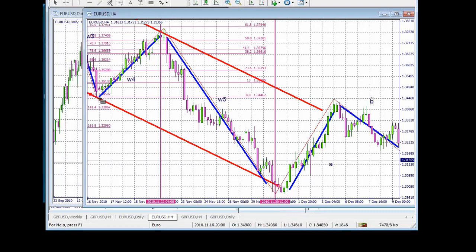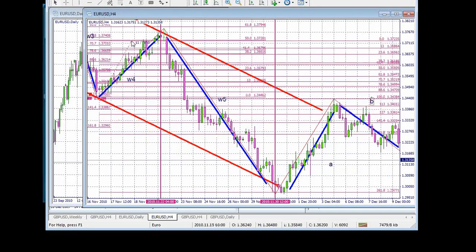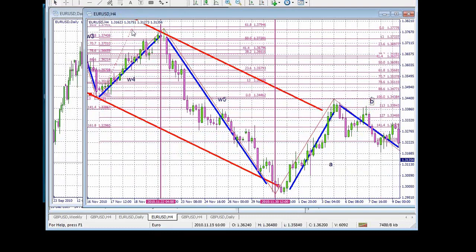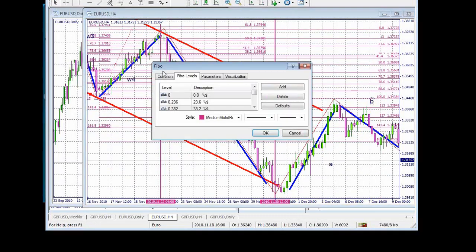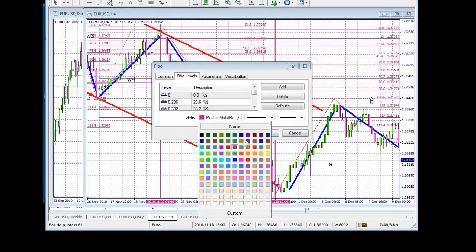And when we put Fibonacci on the chart, this time I will use another color for the Fibonacci.